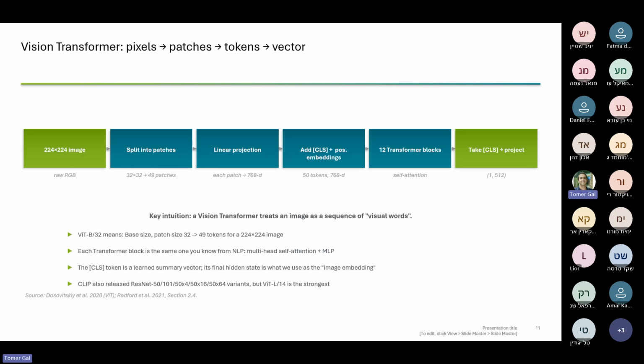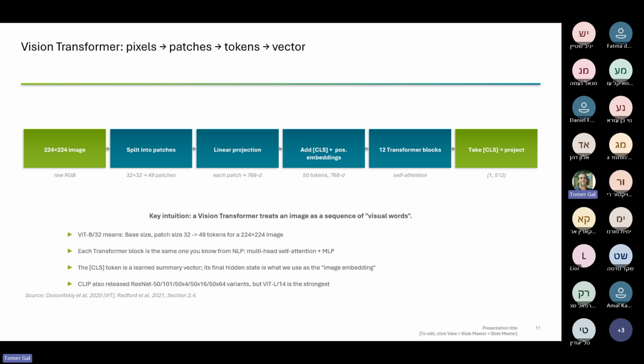Now, the vision transformer trick was to stop trying to invent vision-specific biases and just reuse the transformer. So, like we said already, to get an image into the transformer, we cut it into non-overlapping patches.